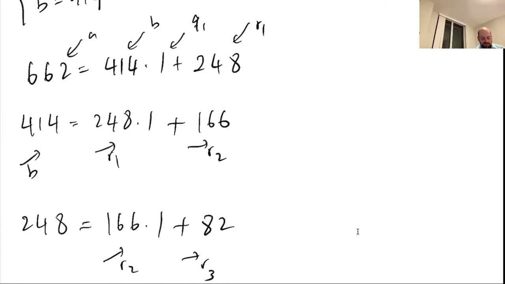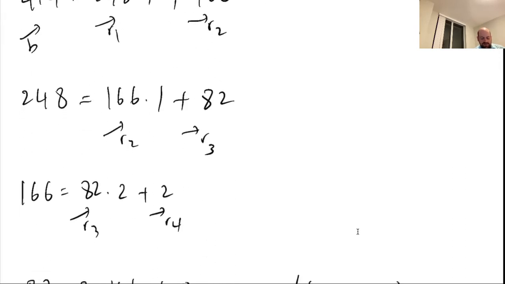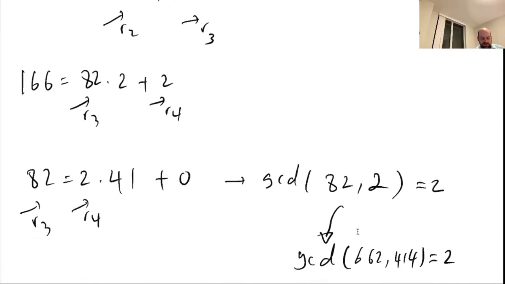Which numbers? 248 and 166. Then again, do long division, 166 and 82. Again, long division, 82 and 2. But once I get 82 and 2, one number, which is 82, is a multiple of the other one. So GCD is the smaller number, which is 2. And that means the original GCD that I was looking for must also be 2.